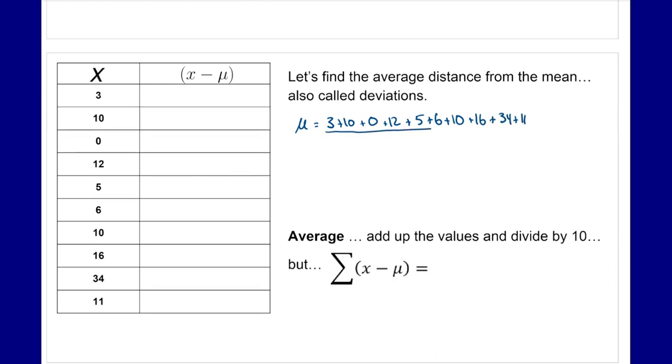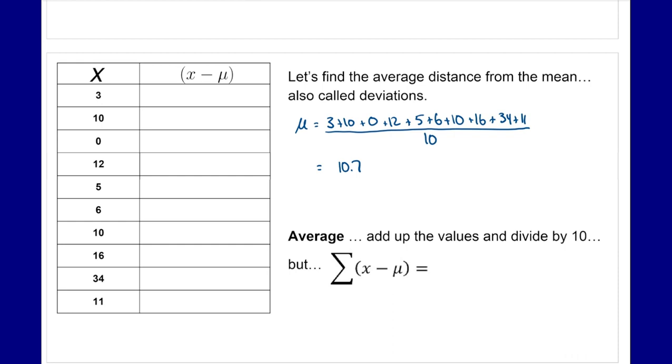And then we're going to divide all of that by 10, because we have 10 values, 10 data points. And we should find that the mean then is, I believe, 10.7. So our average is 10.7.